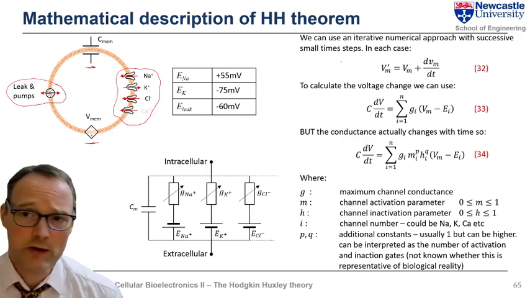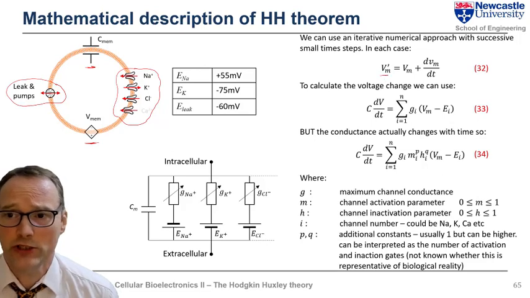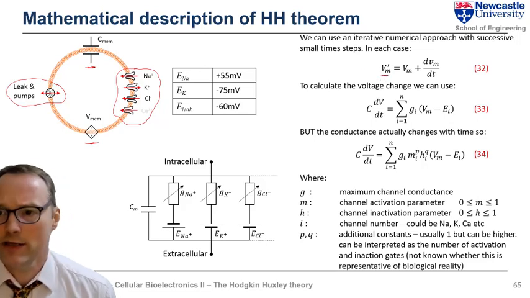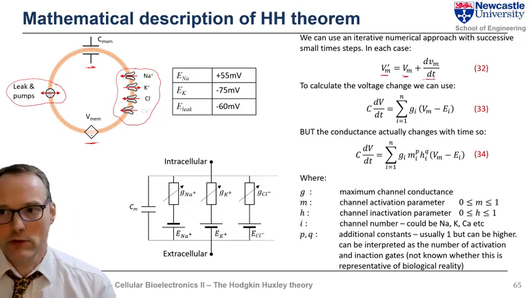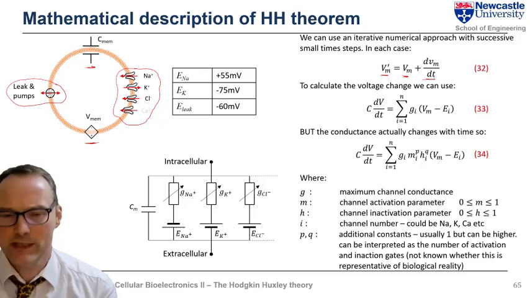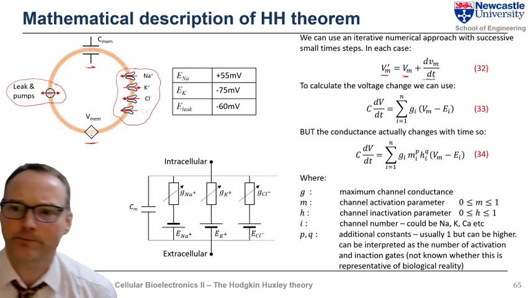And we can say the voltage at any time point is the voltage at the previous time point plus whatever changed, the change in voltage over some tiny time step. So imagine these little discrete time steps.